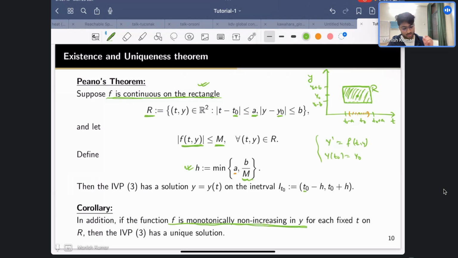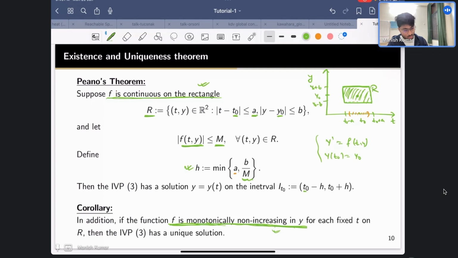Here we just assumed that f is continuous. Now I am adding one more hypothesis, that it is non-increasing in y. Can you prove it?